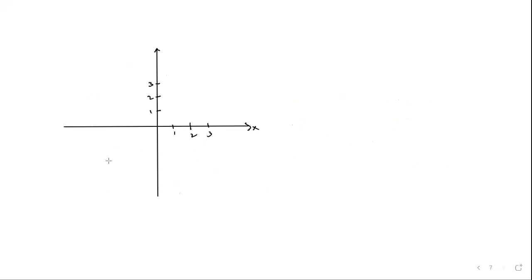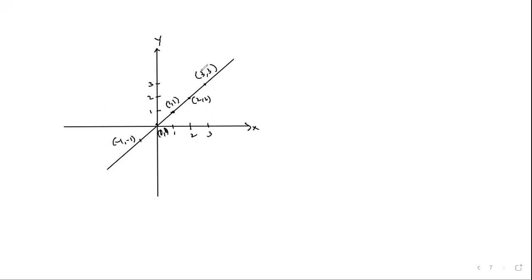Now I'm drawing a line like this. The line which is bisecting the x-axis and y-axis. And I'm marking the point on it. 1, 1, 2, 2, 3, 3, 0, 0, minus 1, minus 1.